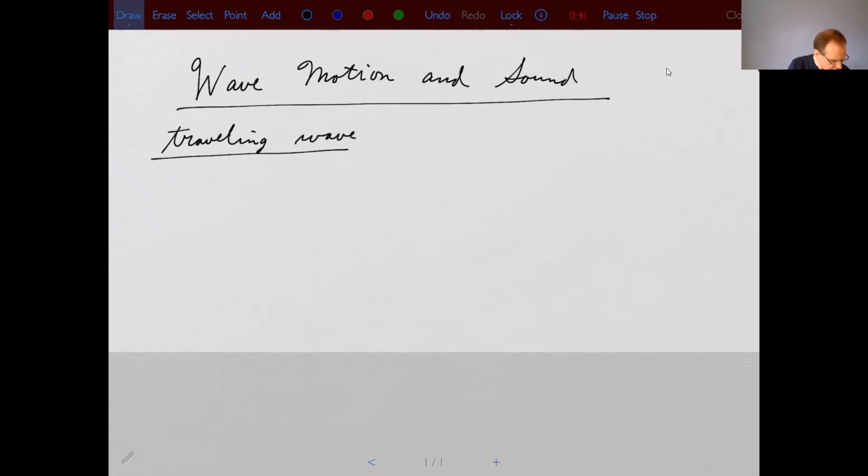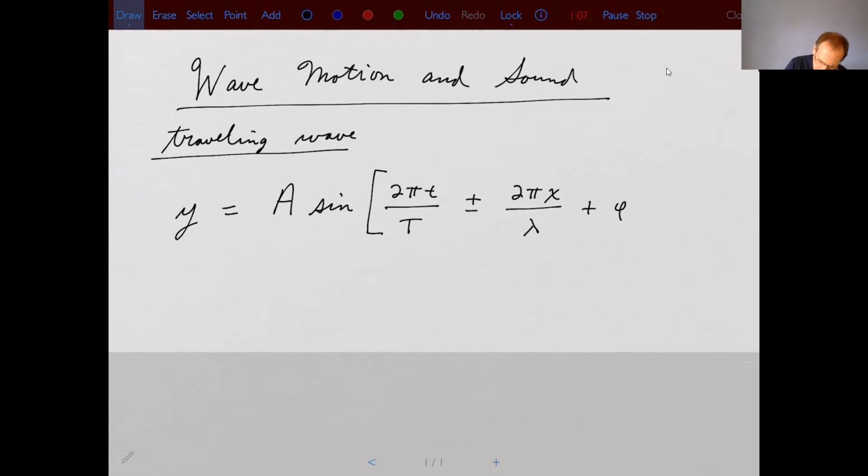This is the general form of the equation: y equals A times sine of 2 pi t over capital T plus or minus 2 pi x over lambda plus phi. Let me explain what each of these parameters represents.